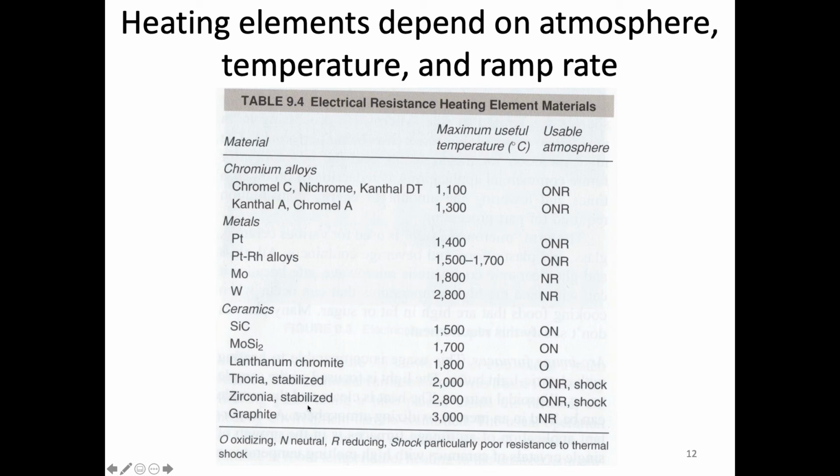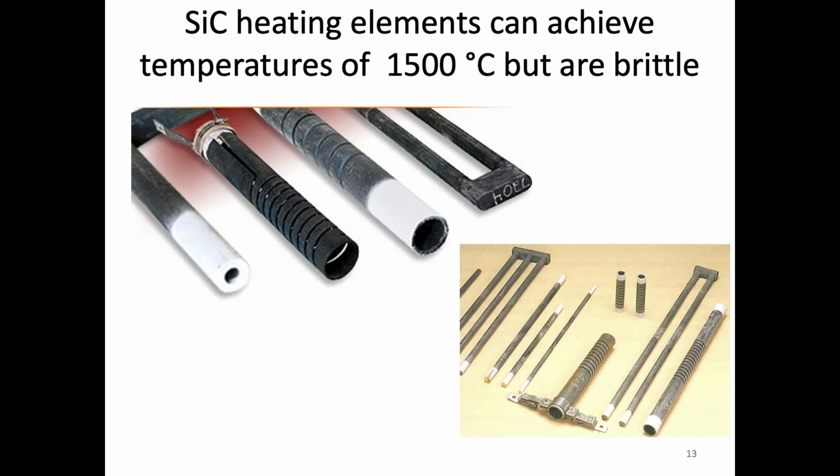And then there are some other specialized ones, and I want to emphasize the graphite here, because graphite, you'll notice, has the highest temperature possible on this chart, but again, it cannot be used in oxidizing environments. So basically imagine what happens to graphite or carbon in oxygen at high temperatures.